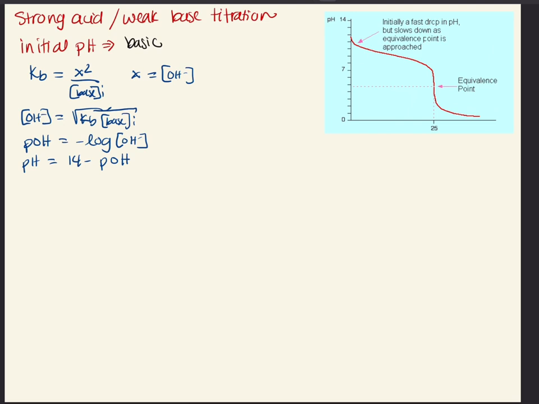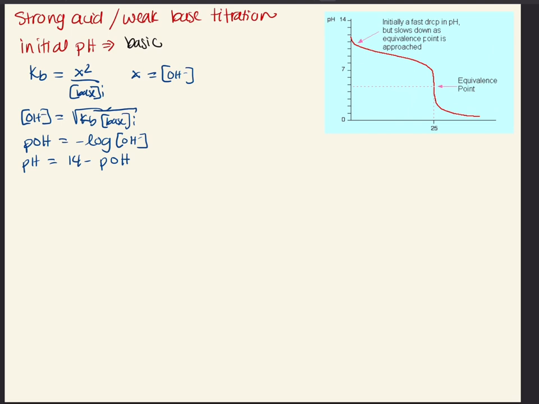Now, if you look at the area before the equivalence point, so in this area right here, it's really going to depend on where you are on the titration curve. If you're more up here, then you should have a basic pH, but as soon as you start getting down in this area, don't be surprised if you have an acidic pH, even if you are before the equivalence point.